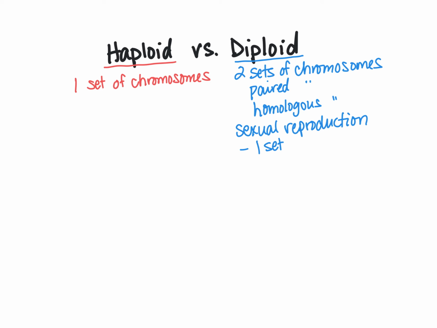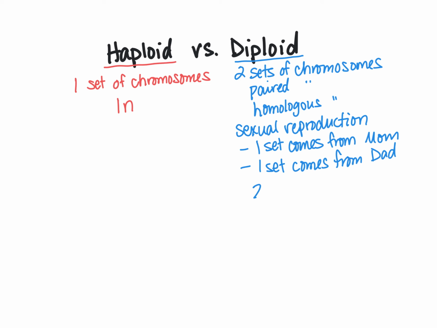So we typically say one set comes from mom and one set comes from dad. Now with organisms like fungi, we don't really have a mom and a dad, but we have one set that comes from one fungus and another set that comes from a genetically different fungus. We typically write haploid as 1N, and diploid we refer to as 2N.